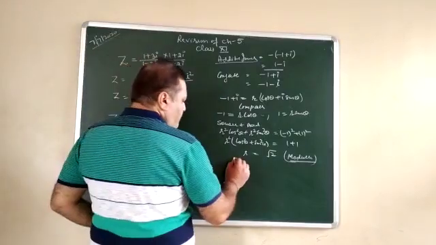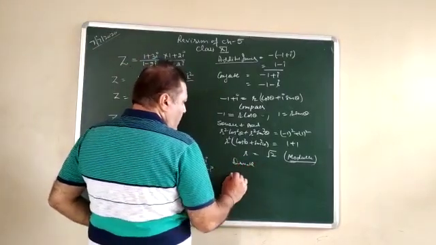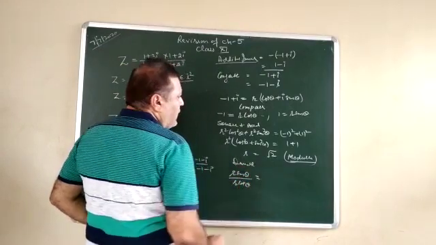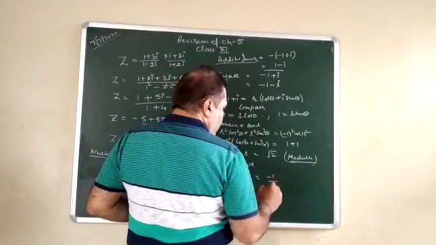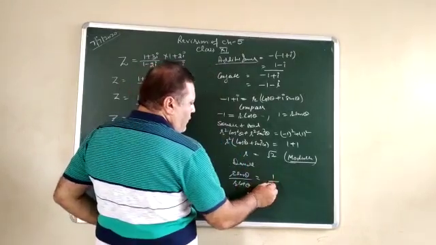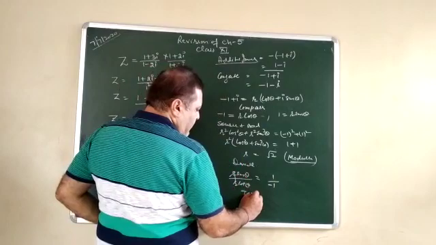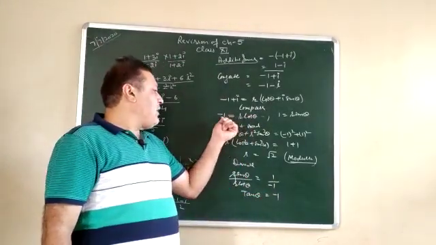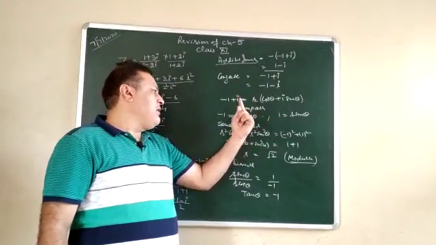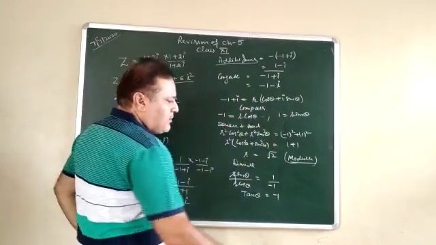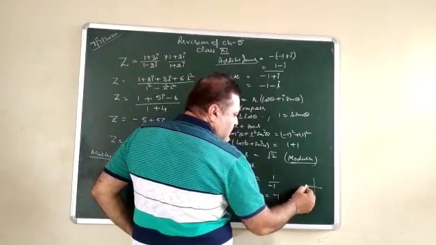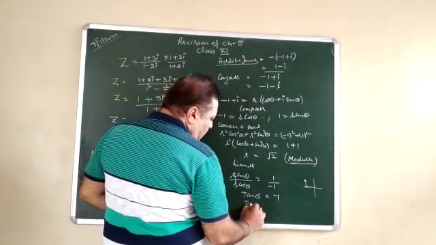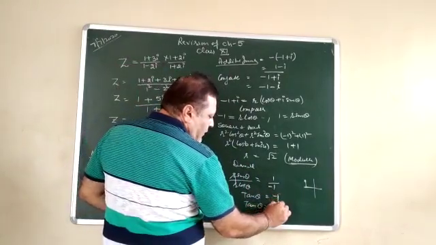Now the angle: divide them, r sin θ upon r cos θ is equal to 1 upon -1. So tan θ is equal to -1. If you see cos θ for x and sin θ for y, x is negative, y is positive, which means you are in the second quadrant, where tan θ is 1 at π by 4.